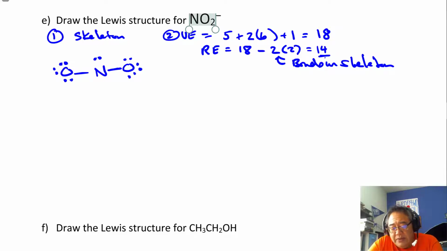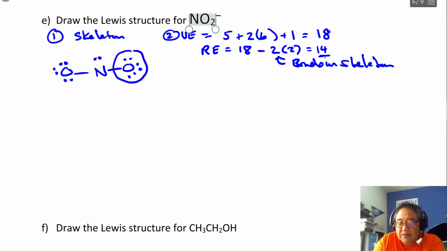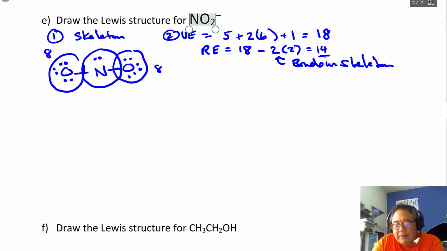Now, when you're trying to do this Lewis structure, the next thing is to check octets. So we'll go like this, and there's 8, yay. And then this is 8, right? And then you go here, and this one, the way I always say, is not happy because he doesn't have his 8. So he's going to rely on his friend's oxygen to loan him some.